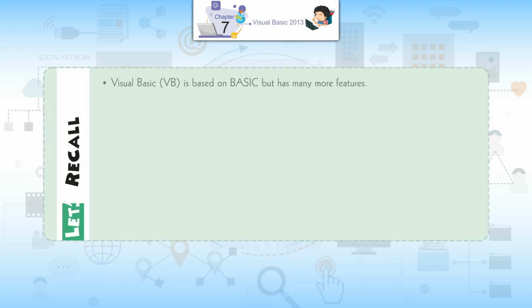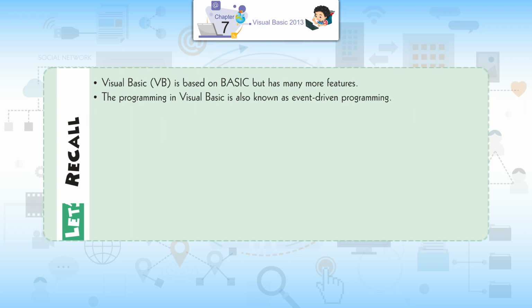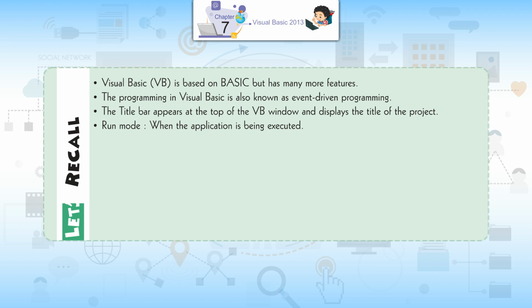Let's recall. Visual Basic or VB is based on BASIC but has many more features. The programming in Visual Basic is also known as event-driven programming. The title bar appears at the top of the VB window and displays the title of the project. Run mode. When the application is being executed.